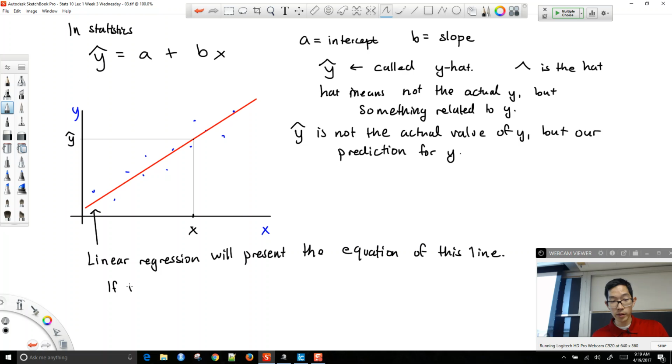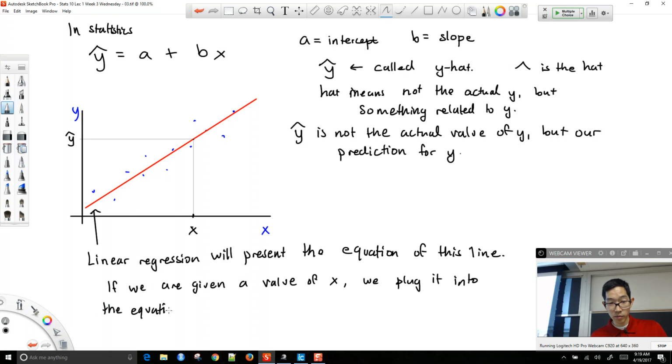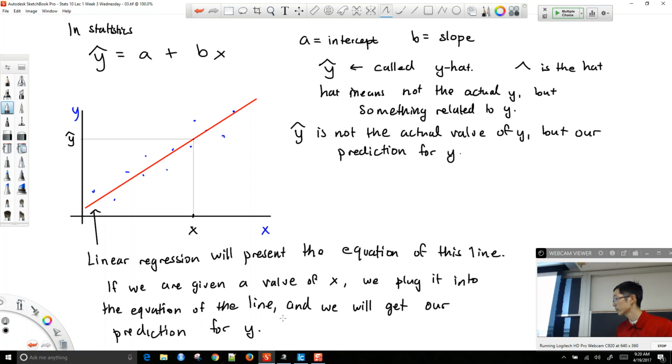So if we are given a value of x, we plug it into the equation of the line, and we will get our prediction for y, our y hats.